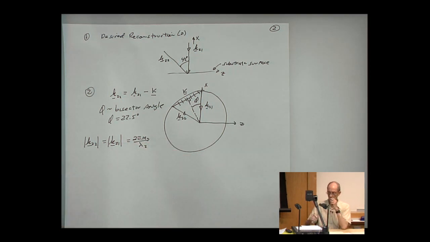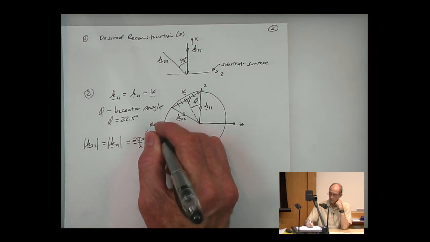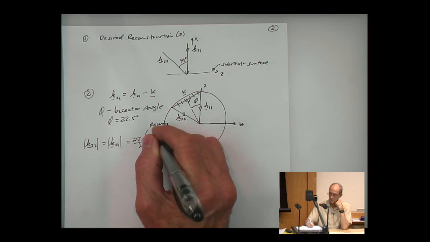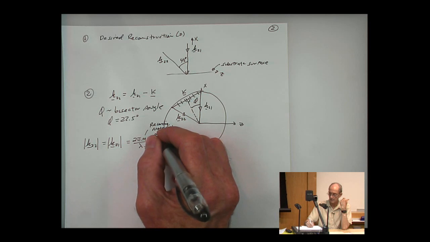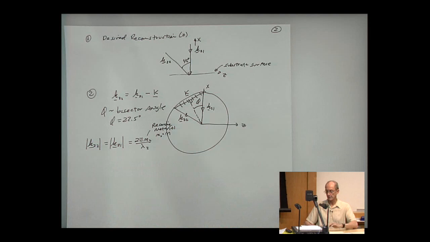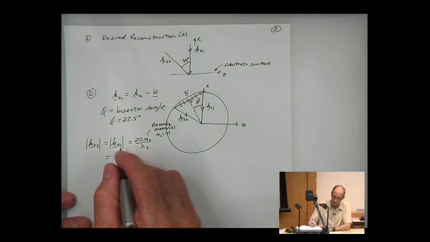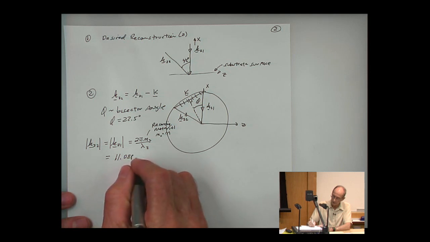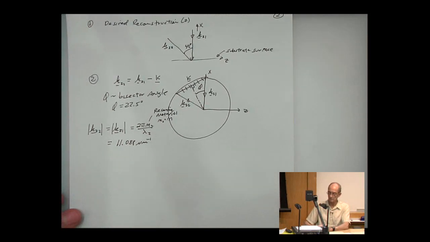Here n2 is the index of the recording material, which we can assume is glass, just to make things simpler. So n2 is 1.5, lambda is 850 nanometers, and this is equal to 11.088 inverse microns. We get the inverse microns from the lambda.